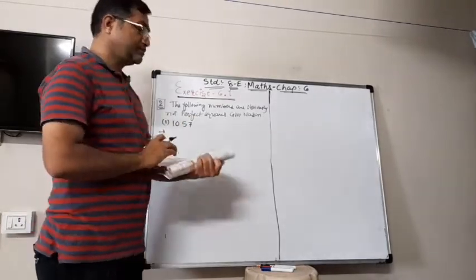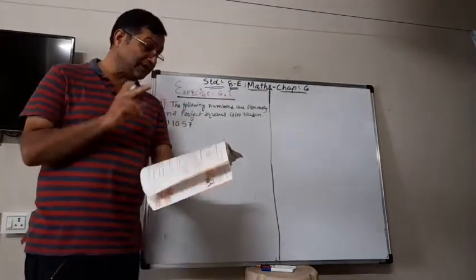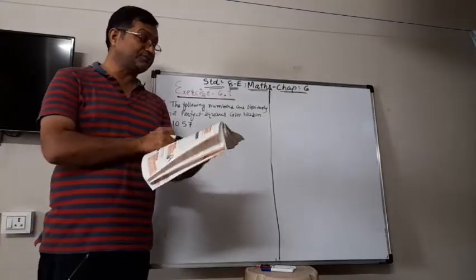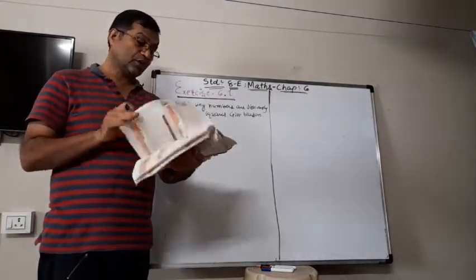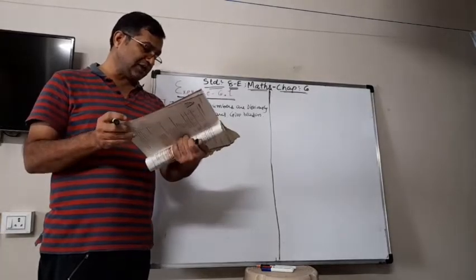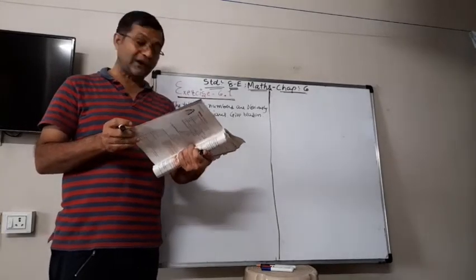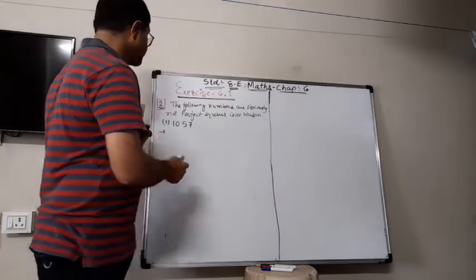We know that in the beginning we learned that if the number is a perfect square or a square number, then it will end with 0, 1, 4, 5, 6 or 9.